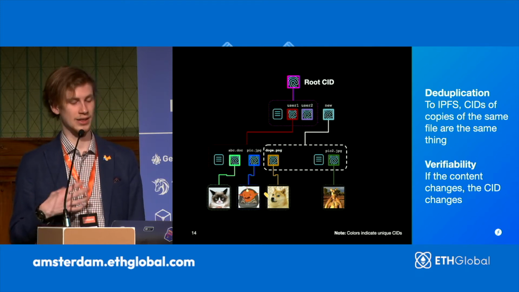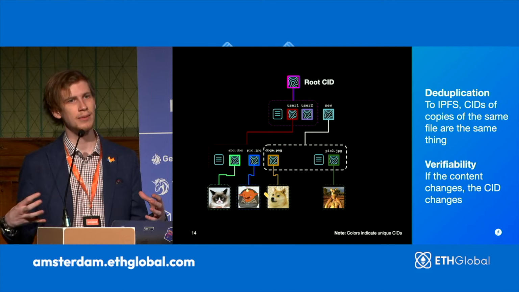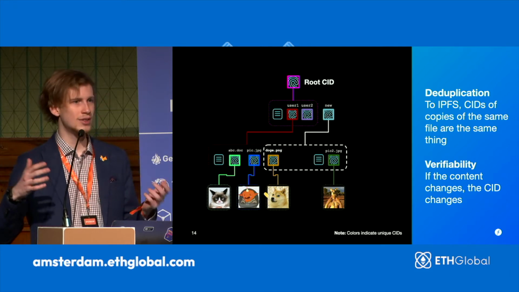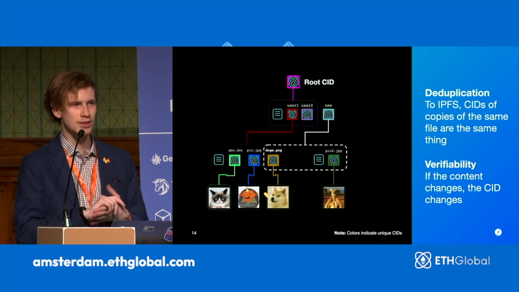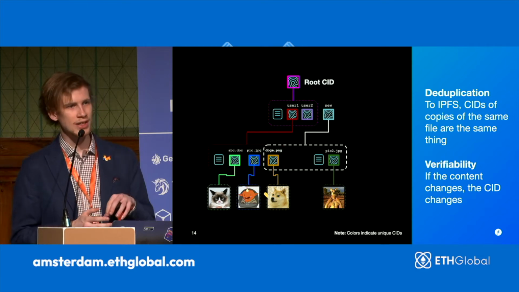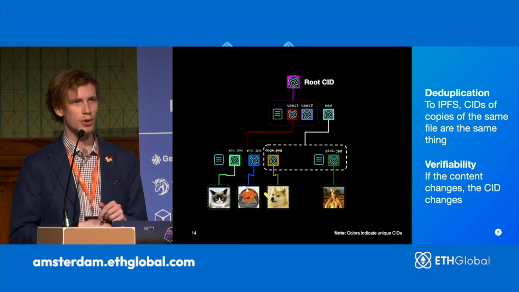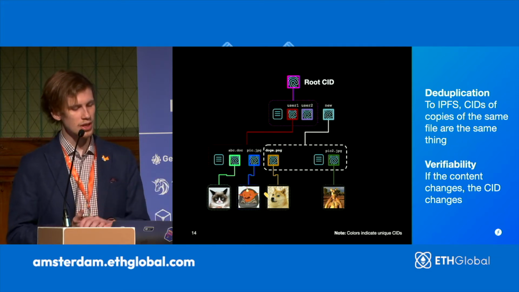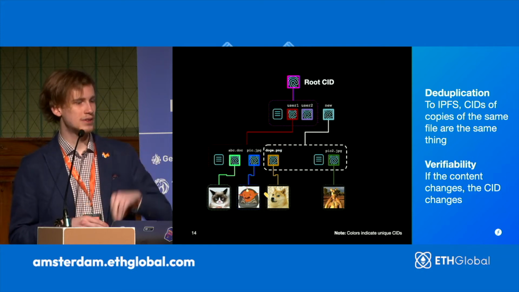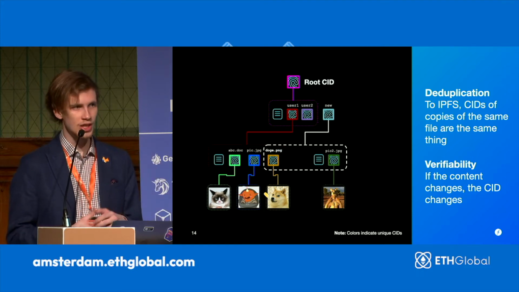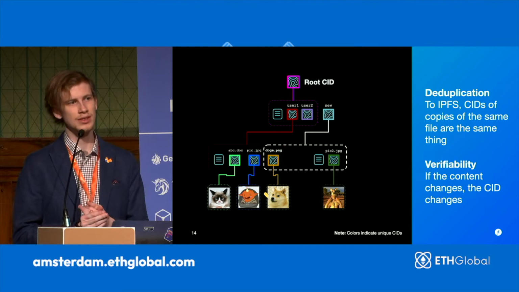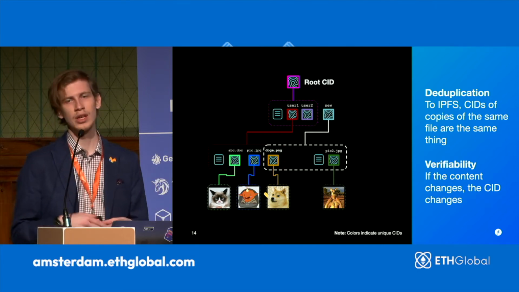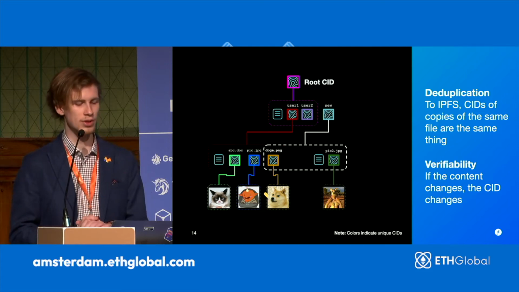Therefore, we get the ability to deduplicate the amount of files we store, and essentially instead of storing hundreds and thousands of memes on the internet, you can just store 5 redundantly and always point to the same objects instead of just storing them again and again and again. This also gives us the verifiability. If some of the contents inside the folders change, then a new CID will be the result, and therefore you can always trace whether the data which is served to you is reliably what you have requested.